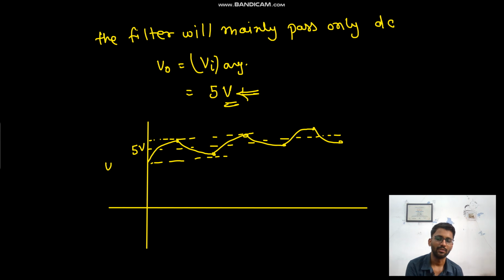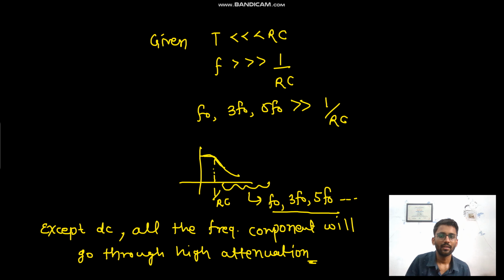Okay, this is your V naught T. That's how you can also analyze the circuit. What did you see here is that all the frequency components were very much greater than 1 by RC. So the filter would pass only the DC component with zero attenuation. The rest of the components F0, 3 F0, 5 F0 will also pass, but with very high attenuation.